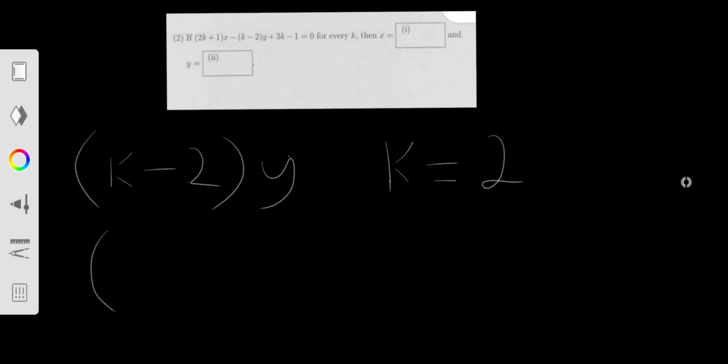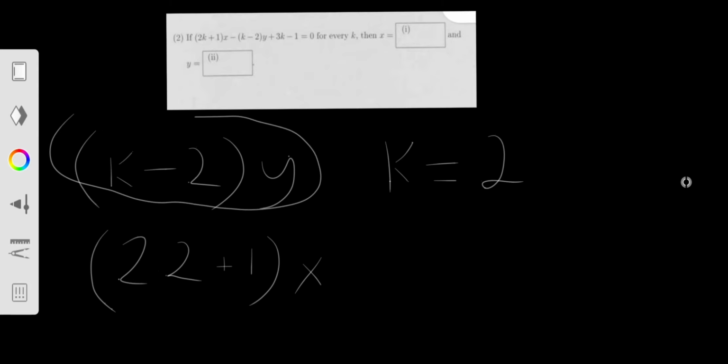So, now I'm going to write it again with choosing k equal 2. I'm having 2 times k, so 2 times 2, plus 1, x, minus 0 times epsilon, so this part over here becomes 0.